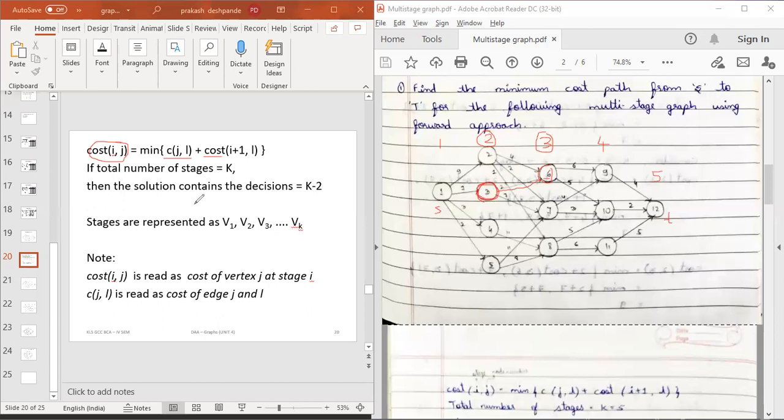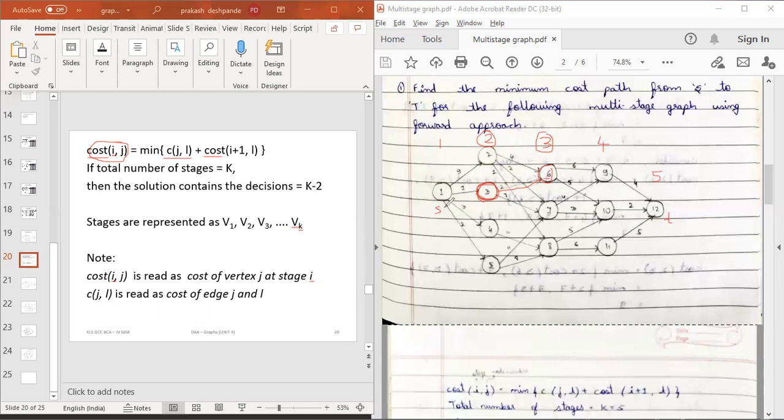As of now, just try to remember that whenever in this particular formula we use the word cost, as cost of i comma j, i means it is the stage and j means it is the vertex. Cost of ij is read as cost of vertex j at the stage i. C of JL means it is the edge cost between that particular vertex J and the L, which will be placed in the next stage.